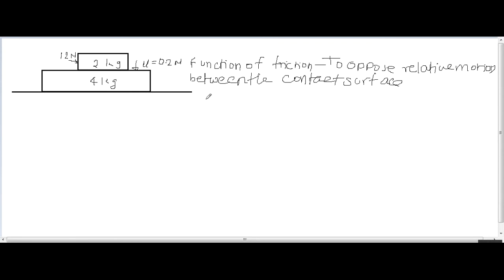The function of friction is to oppose relative motion between the surfaces. This is a very important line: between the contact surfaces. So the function of friction is to oppose relative motion between the contact surfaces.